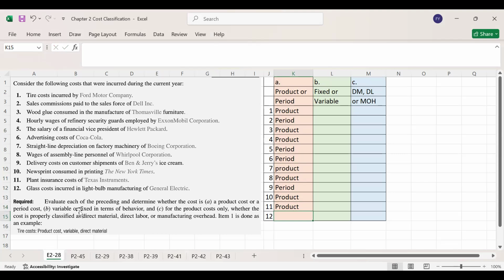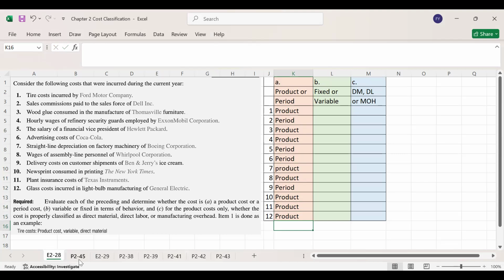Then glass cost incurred in a light bulb. The glass cost for a light bulb is obviously a direct cost of producing the product, so this is a product cost. So this is the classification of period cost or product cost.